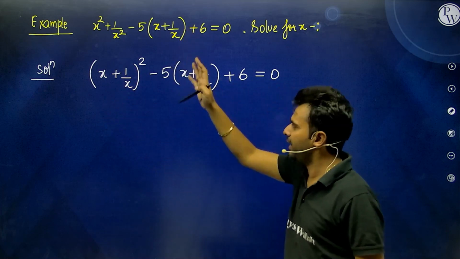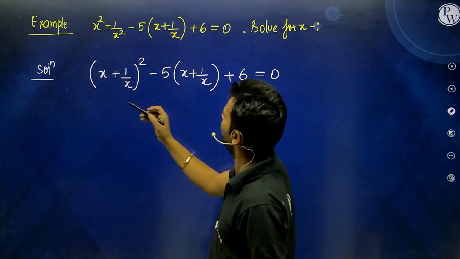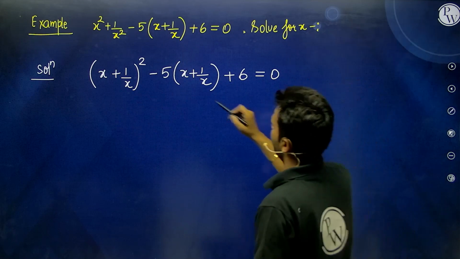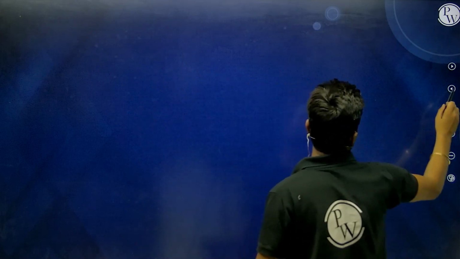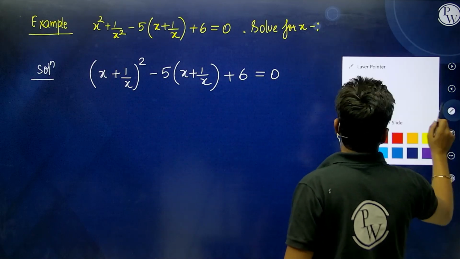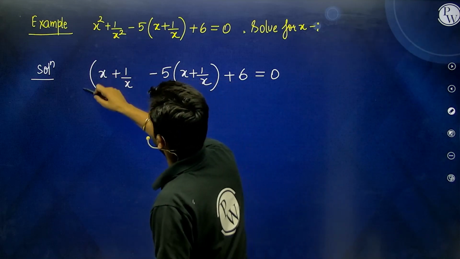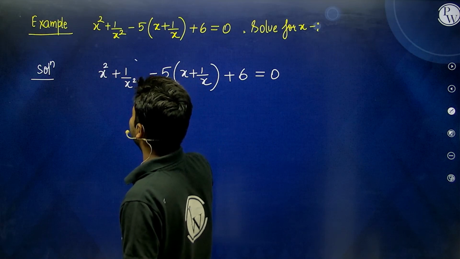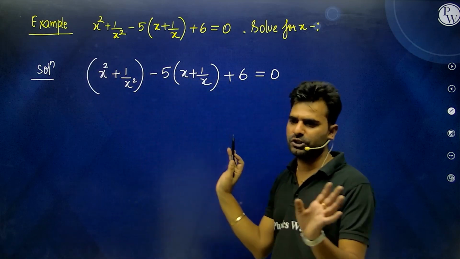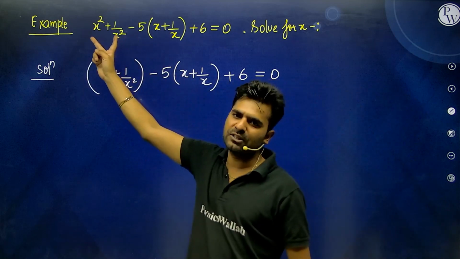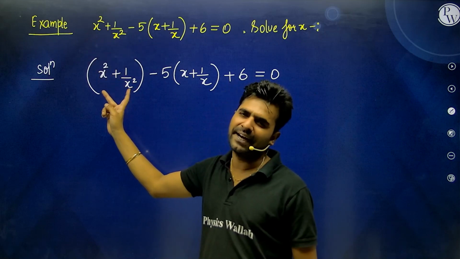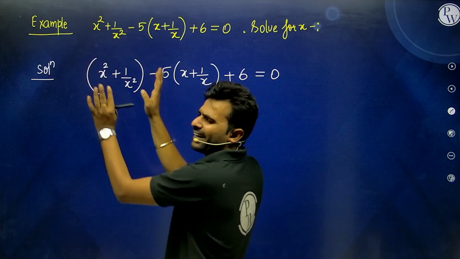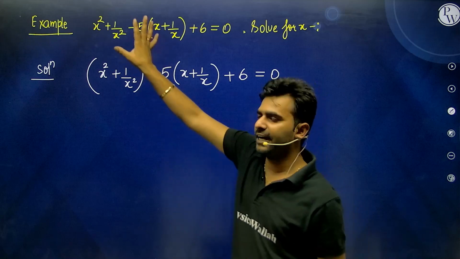Wait a minute, I have written it wrongly, sorry. Yes, I can rewrite my question like this. No change I have done. x square plus 1 by x square was given to me. I have put these two things in a bracket, nothing else. We can write down the question like this.